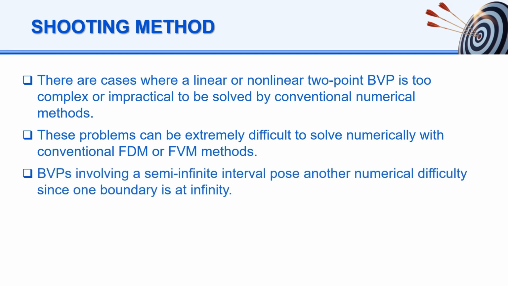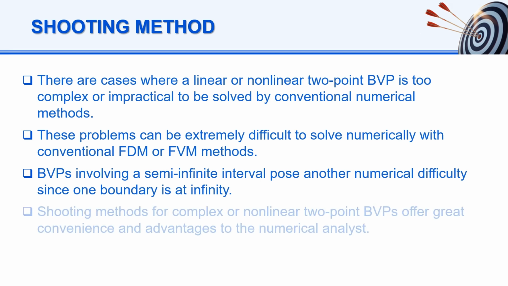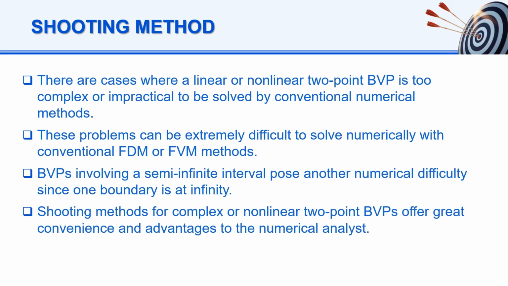Boundary value problems involving a semi-infinite interval pose another numerical difficulty since one boundary is at infinity. Shooting methods for complex or nonlinear two-point boundary value problems offer great convenience and advantages to the numerical analyst.